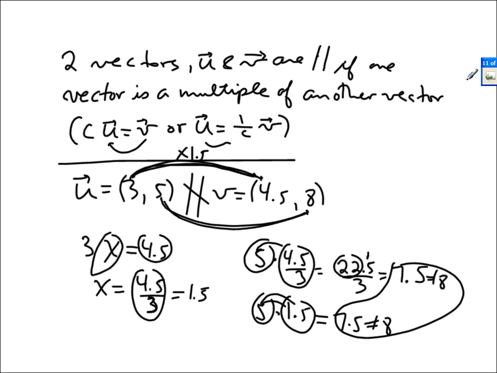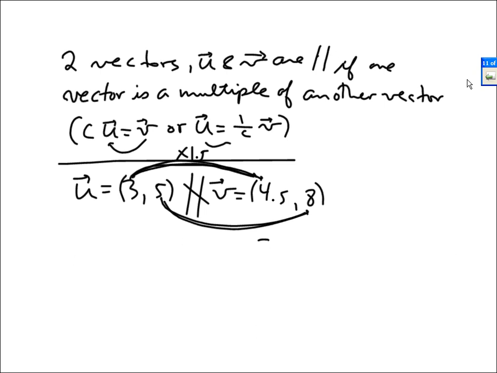U and V are not parallel. You have to be able to find out the multiple. 3 times what gives you 4.5. Solve for that. Another way of doing it is to divide.